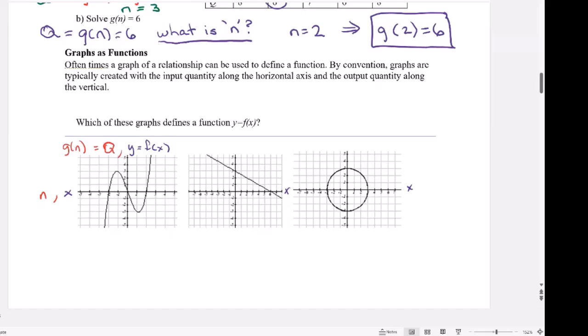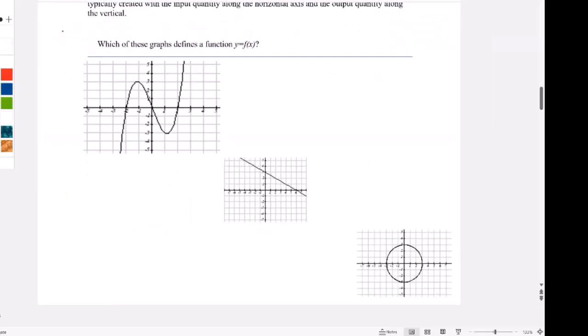So we have these three graphs, and we want to know, can we tell whether or not something is a function just by looking at a graph? And the answer is yes, we can. When x equals 1, this is my x value. I'm right here, and I go find where on the graph it hits, and it hits right there.